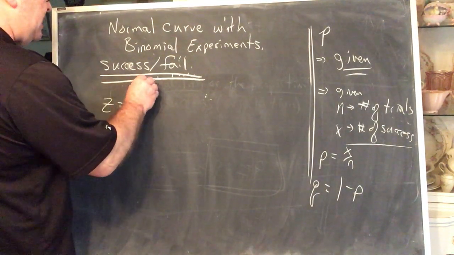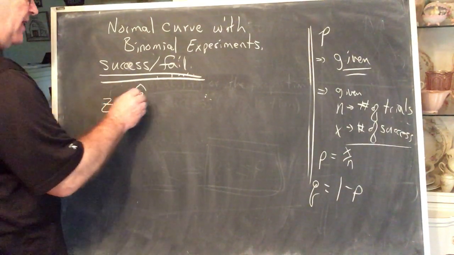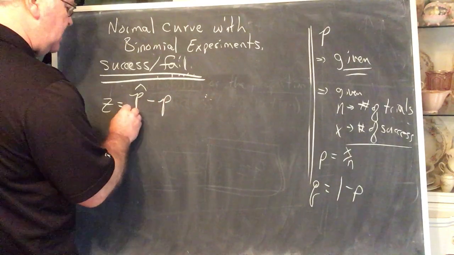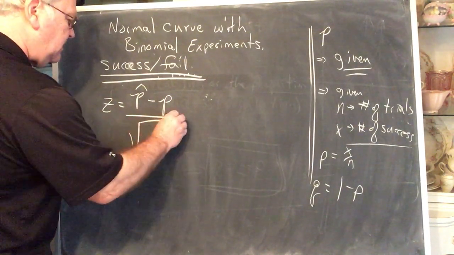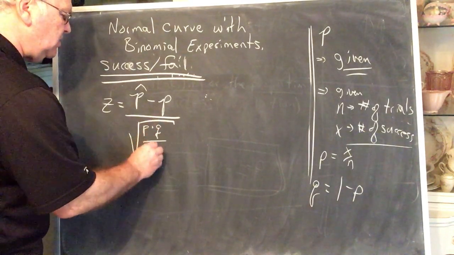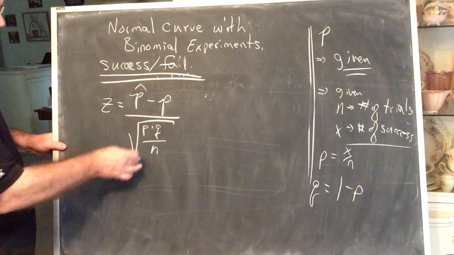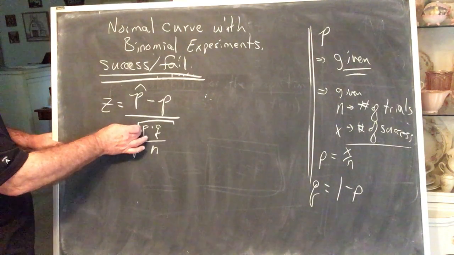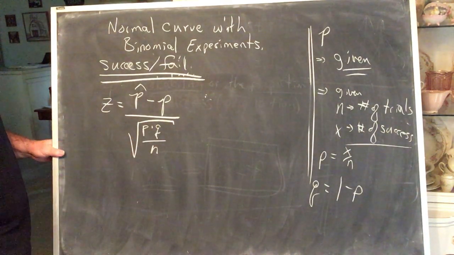It's written as p hat, minus p, divided by the square root of p times q over n. And this entire fraction is inside this radical, not just the numerator.